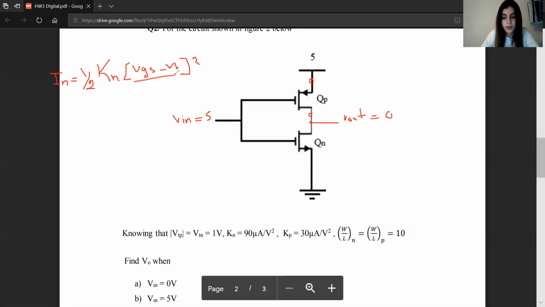But V gate source minus V threshold does not equal 0. Therefore, N is not operating in saturation. So it's operating in the triode region: V gate source minus VT, by V drain source.